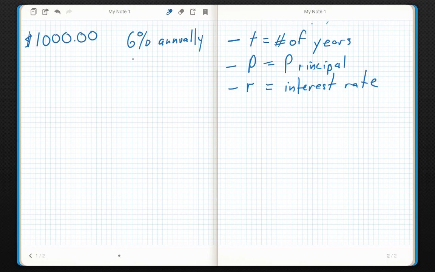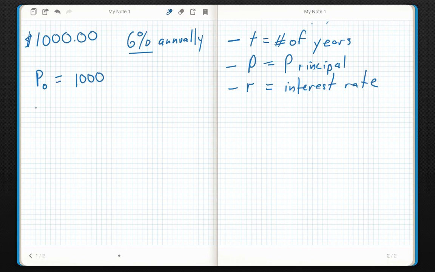So every year, we're going to find out what 6% is of whatever we have in the bank, and we're going to add that to our principal. So first, definitions: P0 is $1,000, because P0 means the principal after no time has passed. Day one is called year zero.